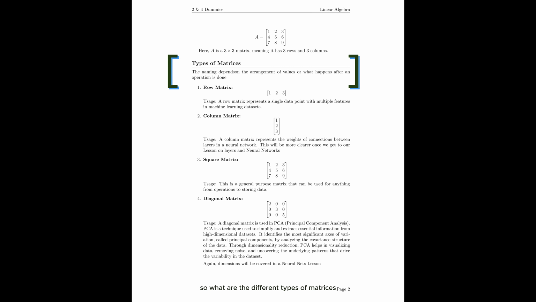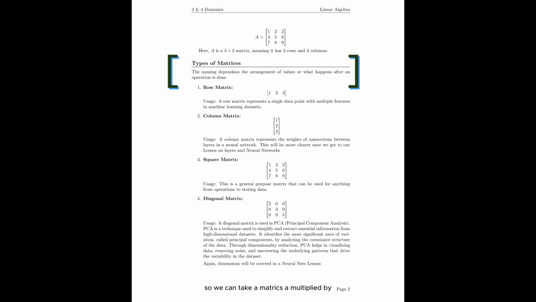So what are the different types of matrices? We have a row matrix and a column matrix. These are very similar, with the only difference being that a row matrix is horizontal in nature and a column matrix is vertical in nature. And a column matrix is particularly helpful when we are doing multiplication by another matrix.